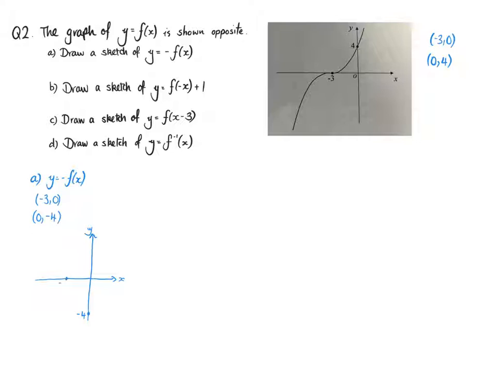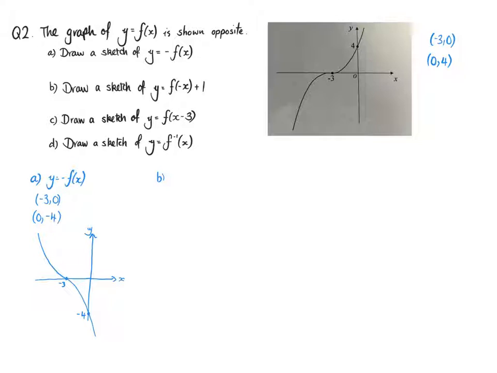Sometimes when you're flipping it in an axis, because the shape's not quite the same, it can be easier to draw it first. So we know we're coming up from the negative, going there, kind of curving, and going on. So that's that graph, first one, A.